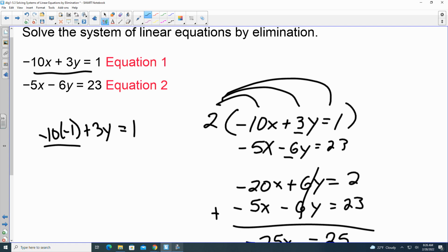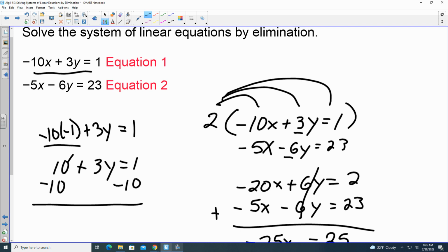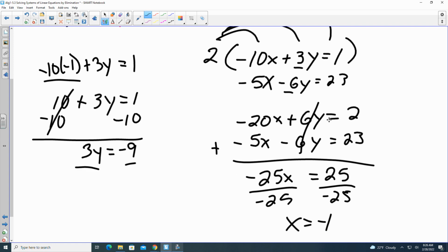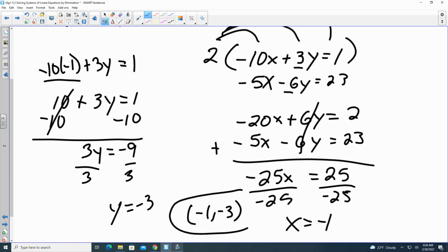Multiplying those, I get positive 10 plus 3y is equal to 1. So I subtract 10 from both sides, cross out, I get 3y is equal to negative 9. And then I divide by 3 on both sides, so y is equal to negative 3. So my ordered pair here is negative 1 comma negative 3.